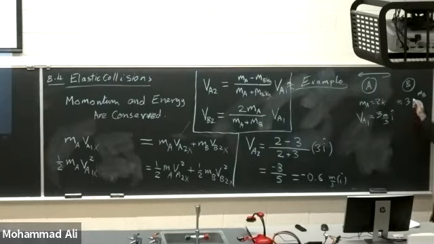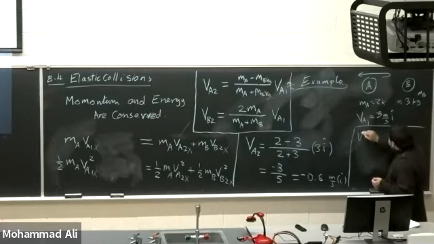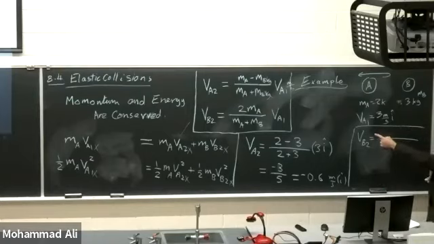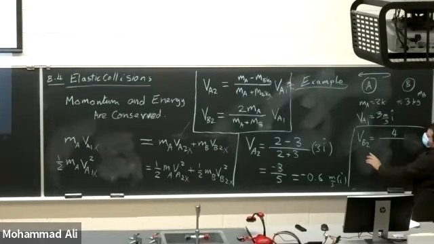Okay, what about the object B? VB after the collision is equal to 2 multiplied by MA, which is 4, over the summation, which is 5, multiplied by the velocity again, which is 3 in the I direction.